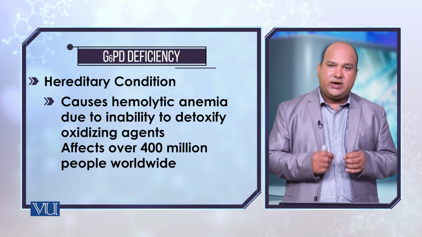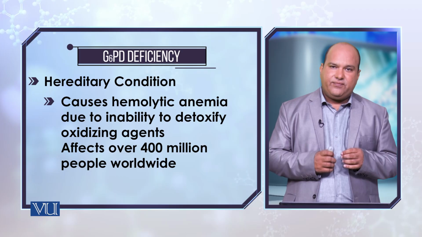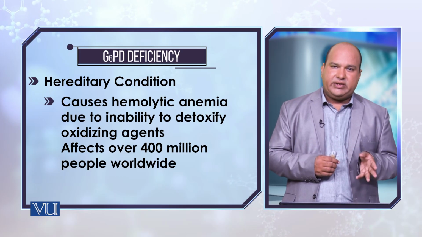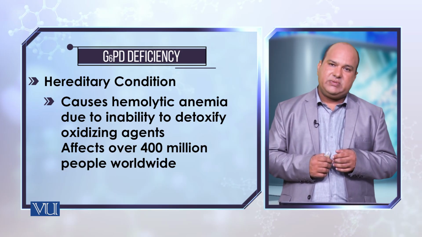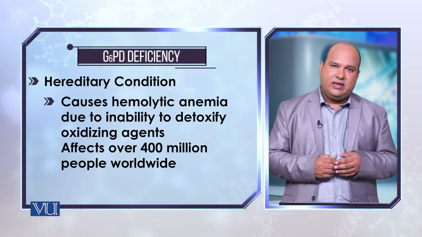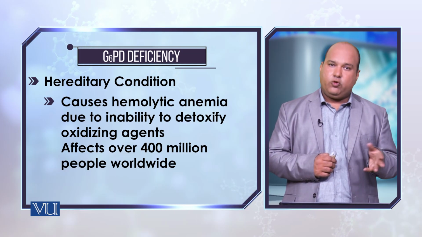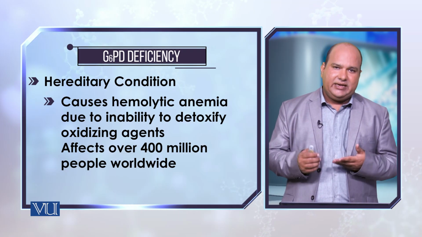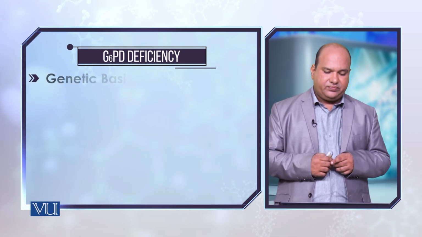Almost 400 million people worldwide are affected by hemolytic anemia because of the defect in G6PD, that is glucose 6-phosphate dehydrogenase. Defect in it, or even if it's deficient, will lead to this very severe disease.